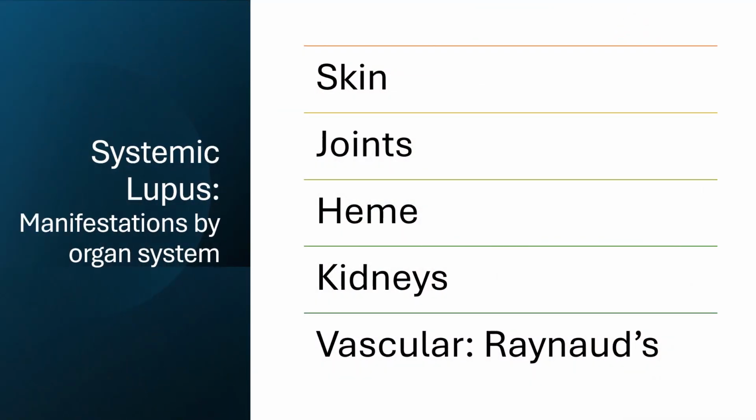The most common ANA-associated disease is systemic lupus. We're going to start with this disease. Now, you will remember that systemic lupus is one of these illnesses that can have so many different manifestations. It can affect almost any organ system.